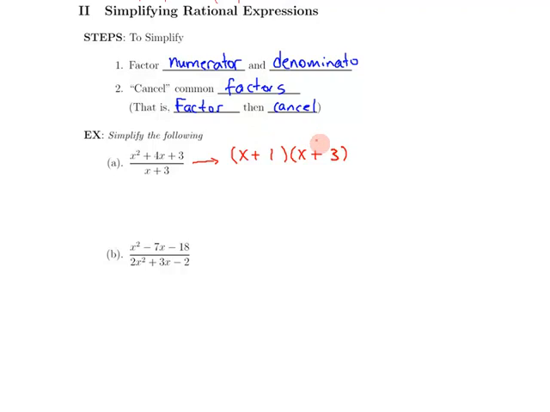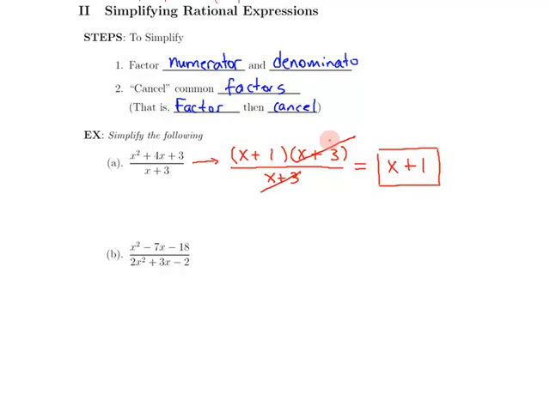We have 3x plus 1x is 4x. Yep, that works. All divided by x plus 3. Okay, now we're going to divide out the common factors. Notice how they're both in common. We can cancel those out. We can divide them out. Okay, that leaves me with x plus 1. That's my final answer.